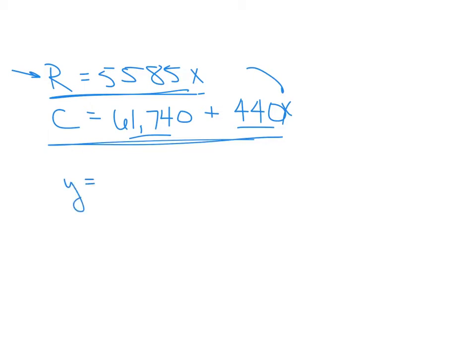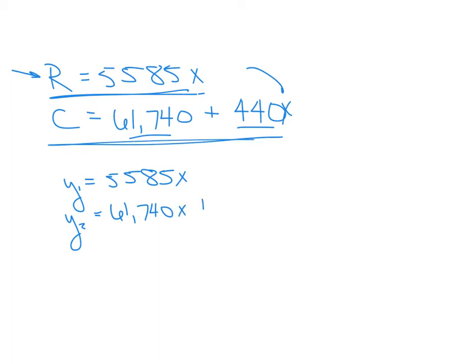So we're going to have one equation that looks like this, y equals 5585x. That is the revenue function. And we're going to call the cost function, let's call this y1 and this y2, just so we know that we're talking about two different things here. That's all that y1 and y2 mean.